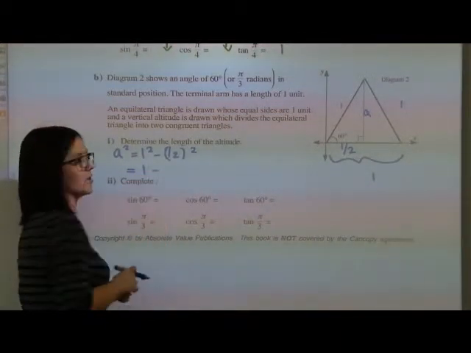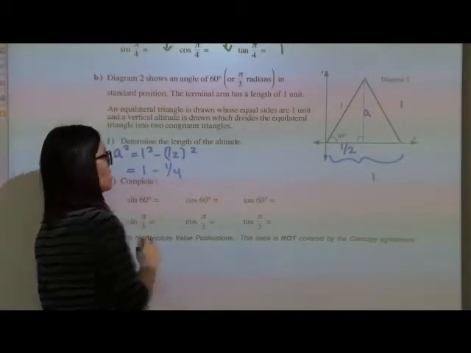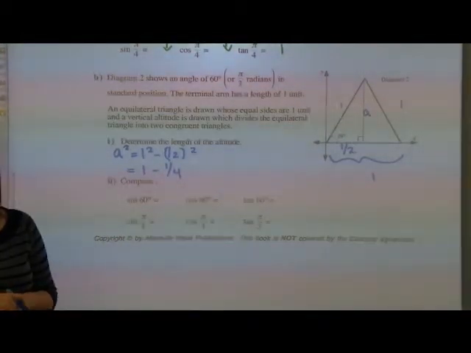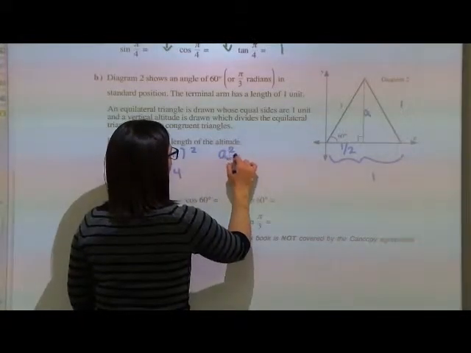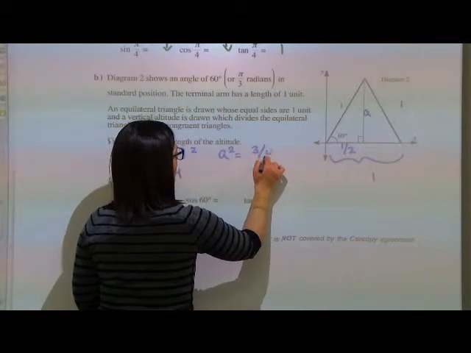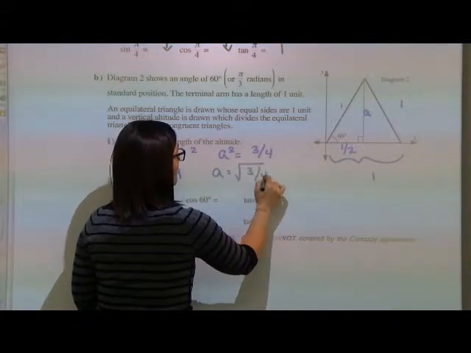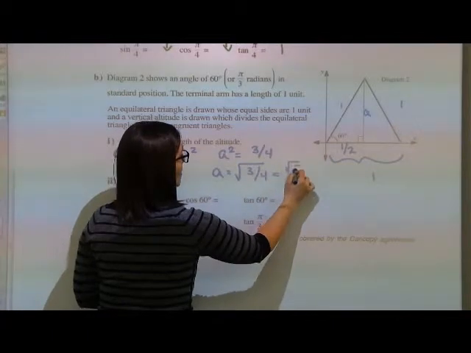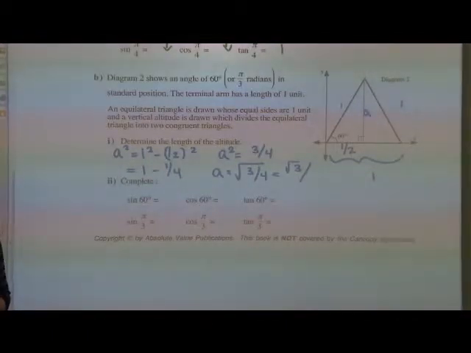What is 1/2 squared? 1/4. And 1 minus 1/4? 3/4. So A squared equals 3/4. So then A would equal the square root of 3/4, which becomes the square root of 3 over the square root of 4. And what's the square root of 4? 2.